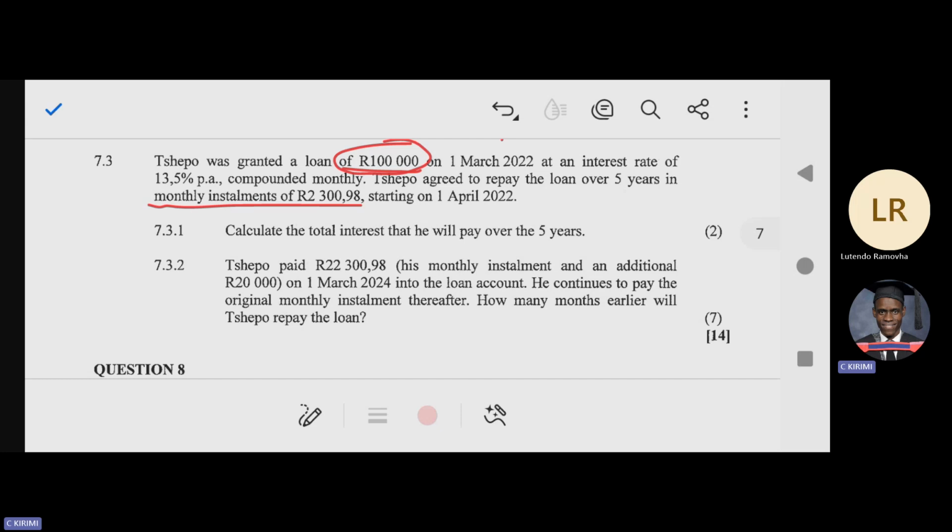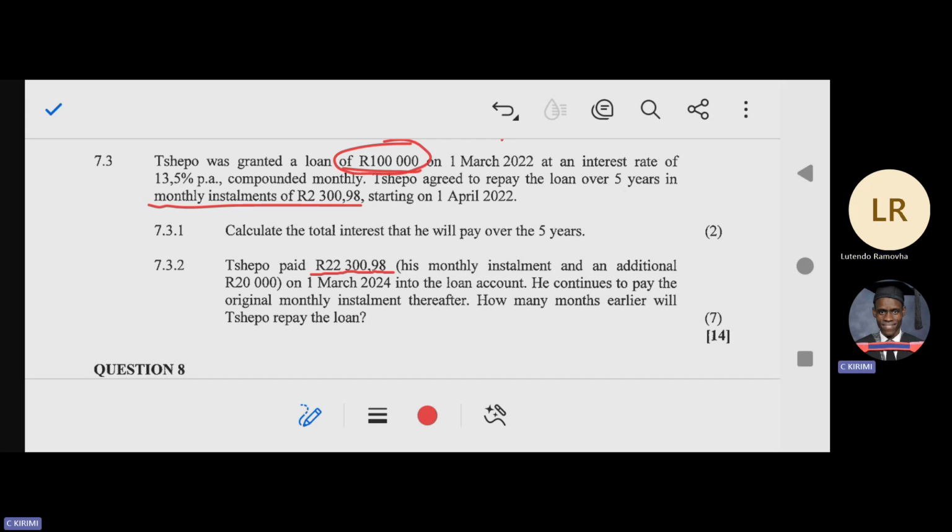So do you see what is happening? In other words, the loan must be repaid after how long? After 5 years. Yes. But this is what Tsepo did. Tsepo paid 22,398 rand. So this amount was his monthly installment and an additional 20,000.